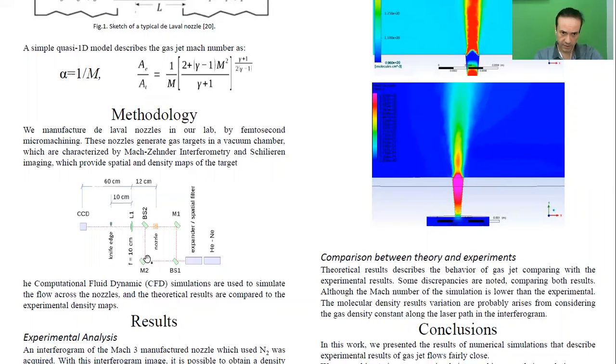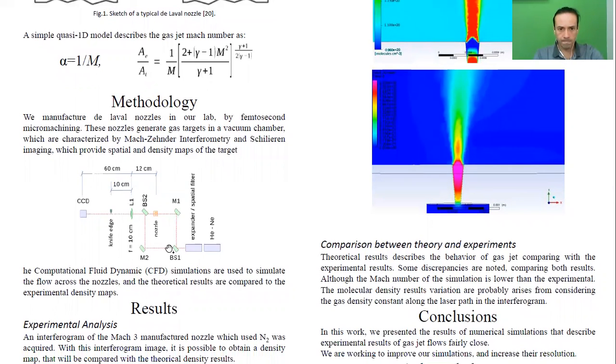The interferometer is represented here, and we have a helium-neon laser that has a beam, and it's split here in this beam splitter. One arm passes through the gas jet, and an image is formed here on the surface of the CCD.